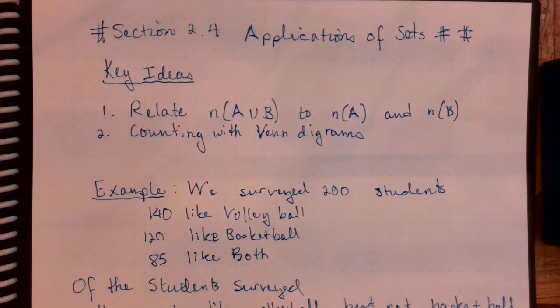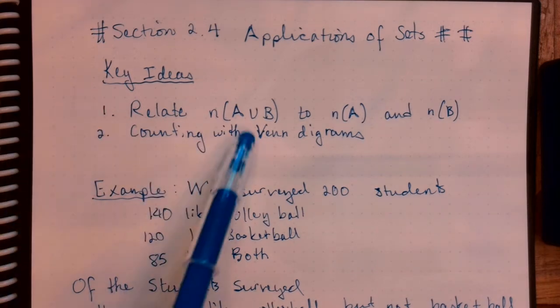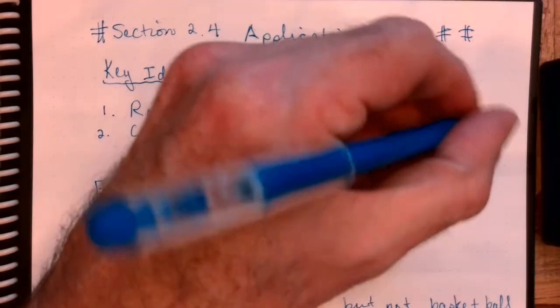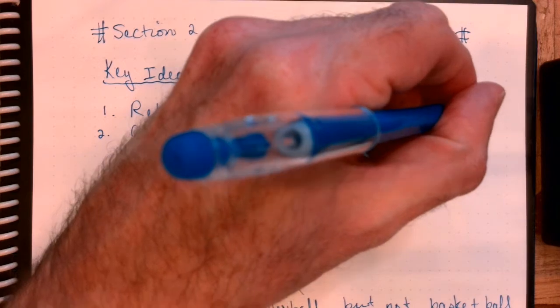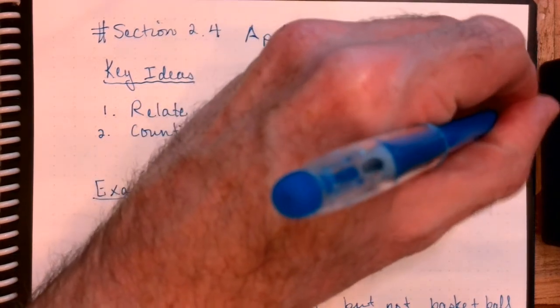Okay, so if you look on WebAssign in the textbook, you'll see we're in section 2.4. And the key ideas for this section are how to relate these quantities. And I suppose we would also need this quantity.